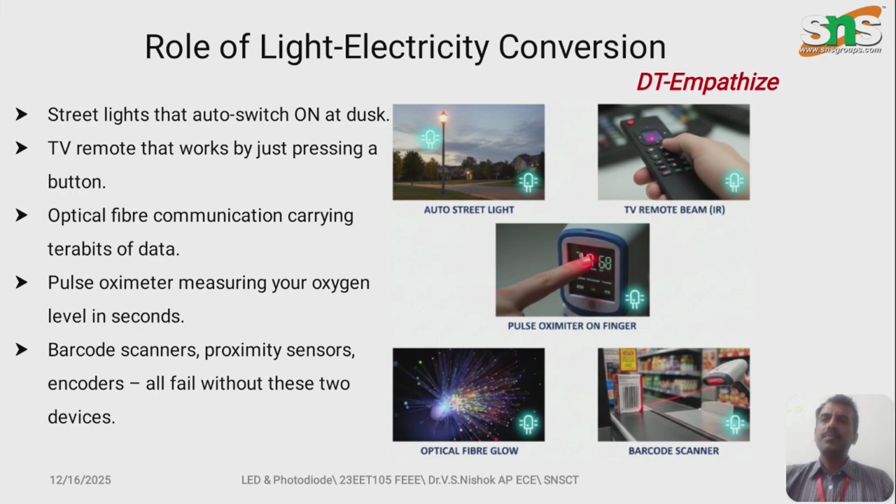So coming to the light electricity conversion. Whatever images we are seeing here, like street light, TV remote beam and pulse oximeter and optical fiber communication and barcode scanner, proximity scanner, everything works only with the two devices called light and electricity.